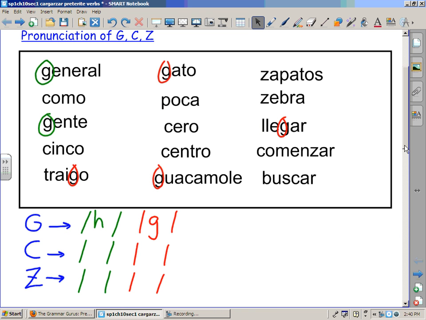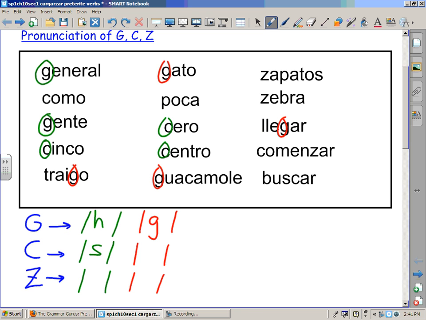C has two sounds. What are they? Which is the soft sound? I'm glad you got that. Good. Soft sound is like the English S. Tell me some examples where it's soft. Cero. Cinco.